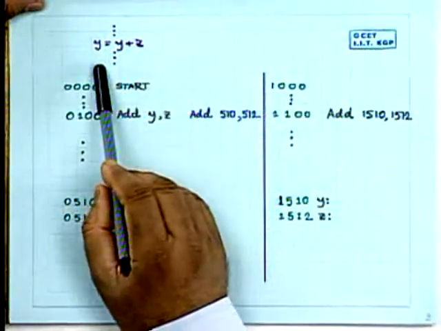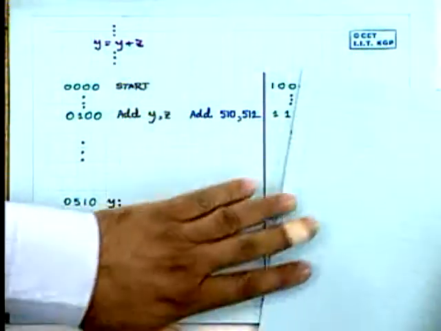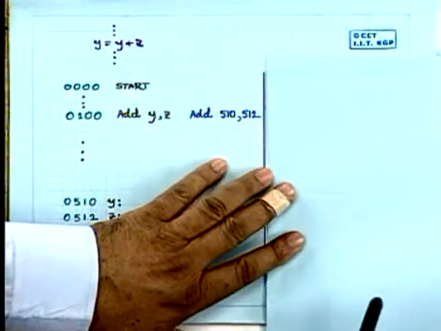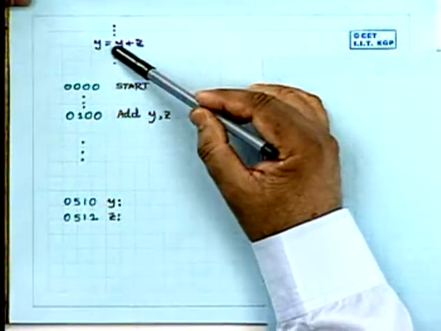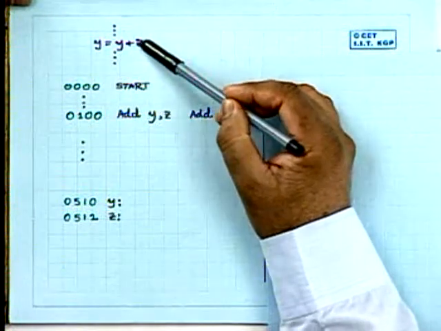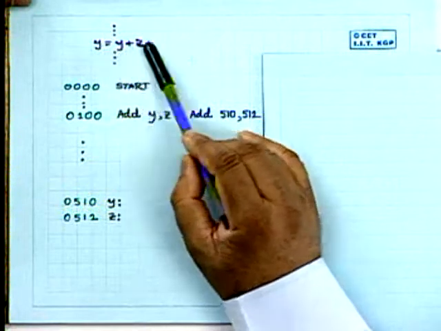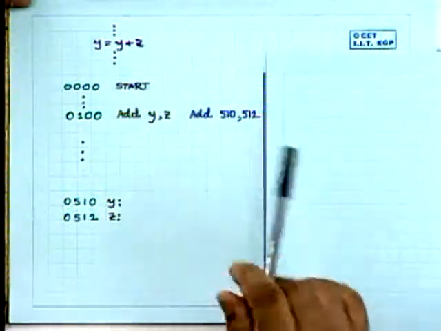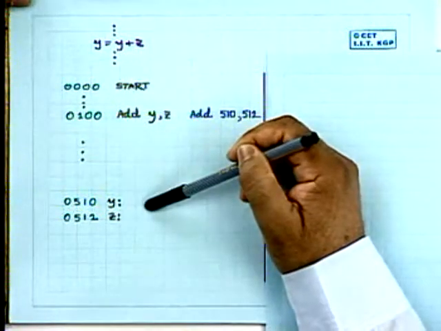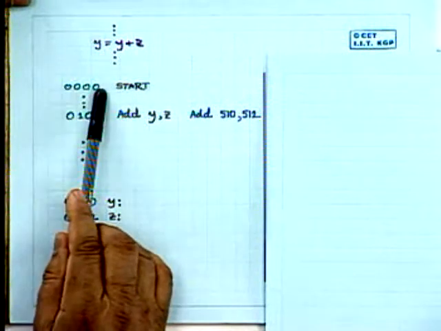Assume that we have a statement y equal to y plus z. Let me not look at the right hand side right now. It may be a C language statement. Y and z are symbolic references. Now assume that it has been translated into an assembly language program, starting from location 000 in hex.